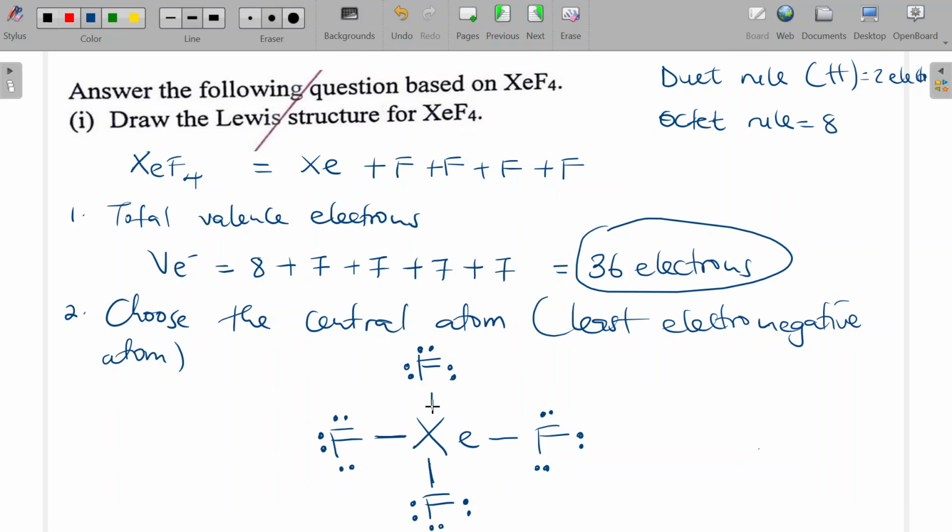Here there are 2, 2, 2, 2, 8. 8 plus 24, that is 34. So now I'm remaining with 4 more electrons.